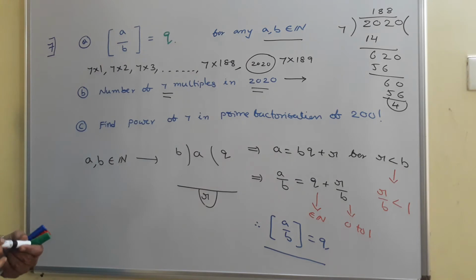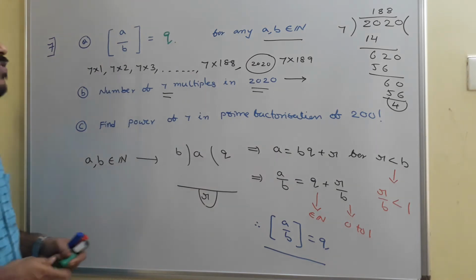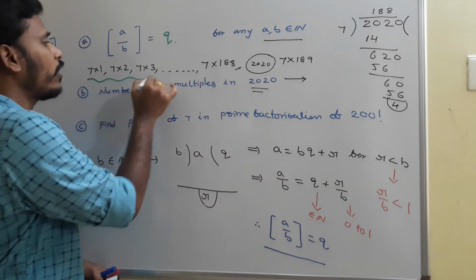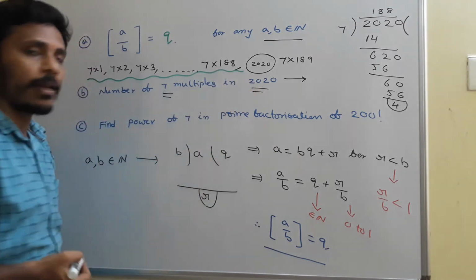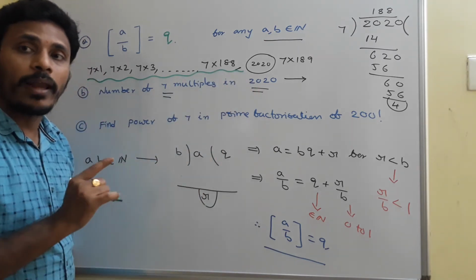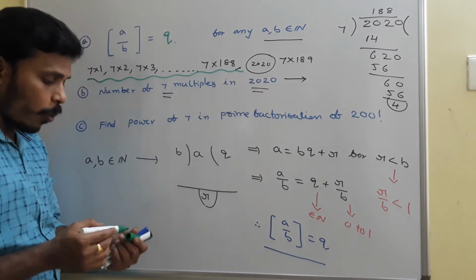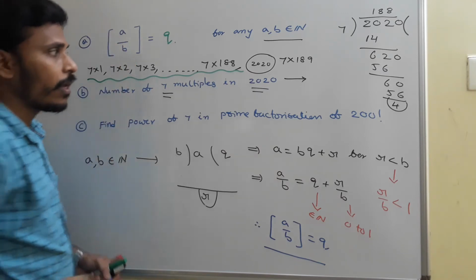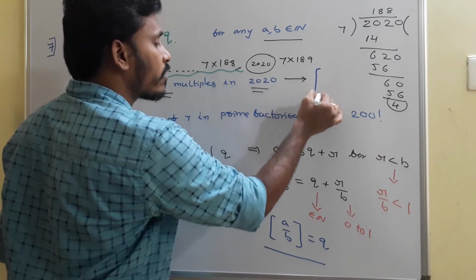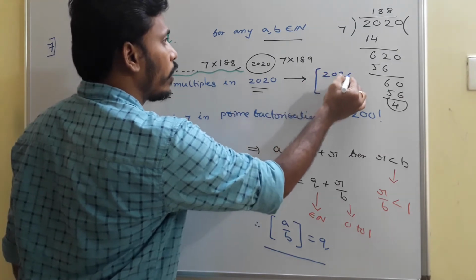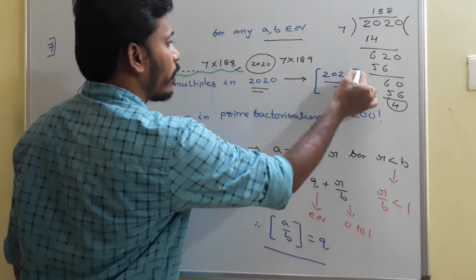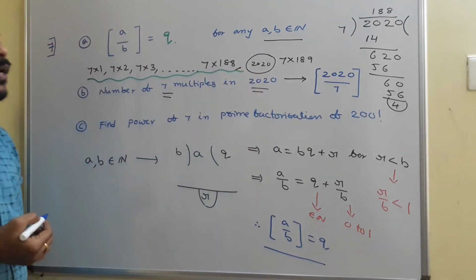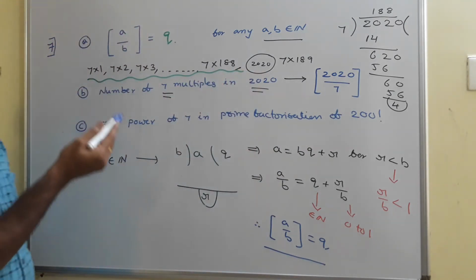But since we are searching for the number of 7 multiples below 2020, how many are there? 188. And that 188 is, as per this discussion, the step of 2020 divided by 7.